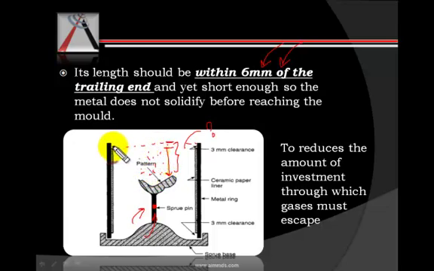And to allow these gases to escape efficiently, we do not want a very thick layer of investment over the mold cavity. So having this layer less than 6 millimeters helps the gases to escape, creating room for the molten metal to flow in the mold cavity. So these are the two purposes we need to satisfy with the length of the sprue.